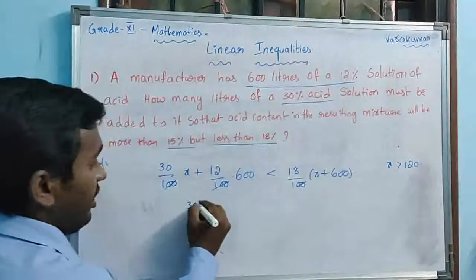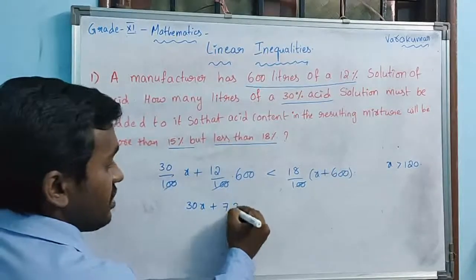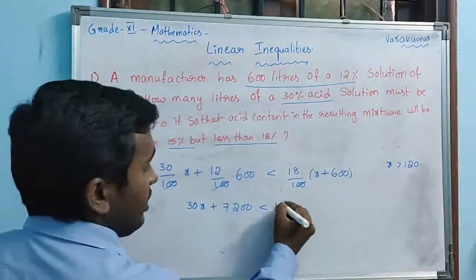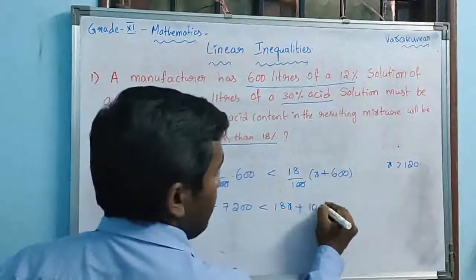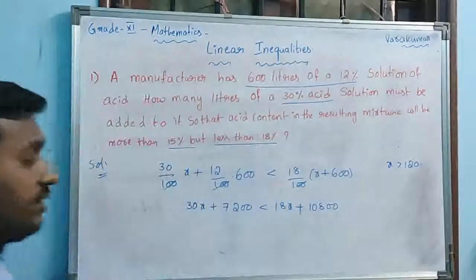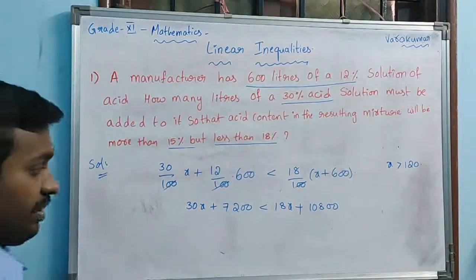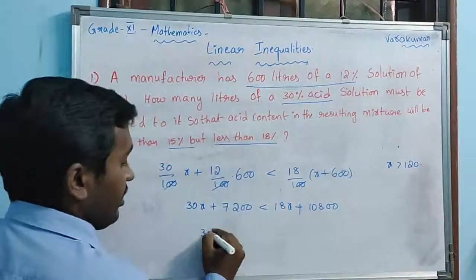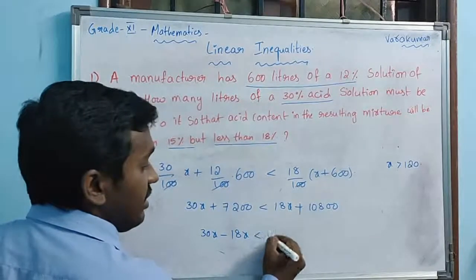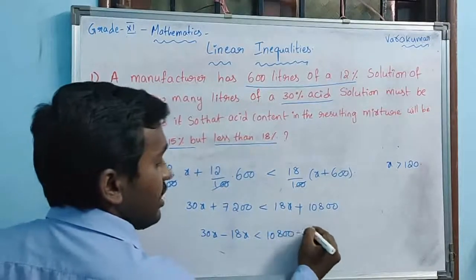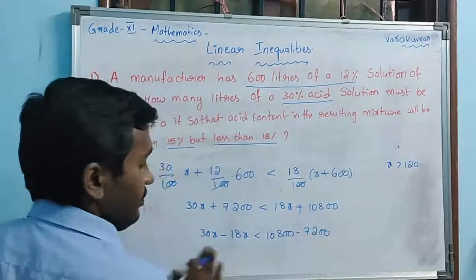Now it becomes 30x plus 7200 less than 18x plus 10,800. Now here also we have to simplify. 18x you carry here. 30x minus 18x less than 10,800 minus 7,200.